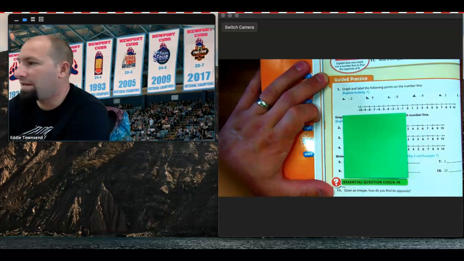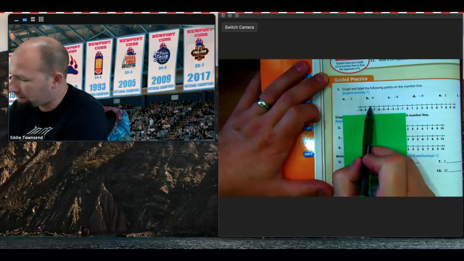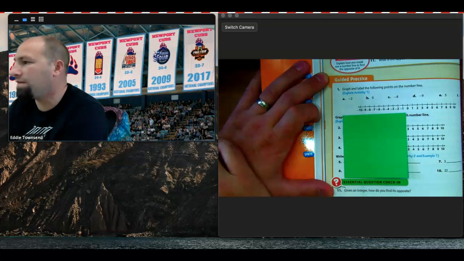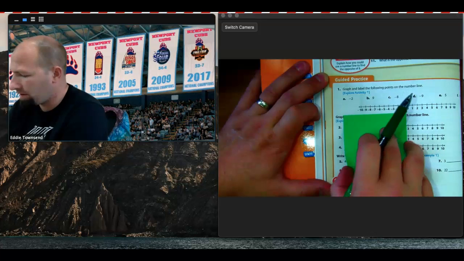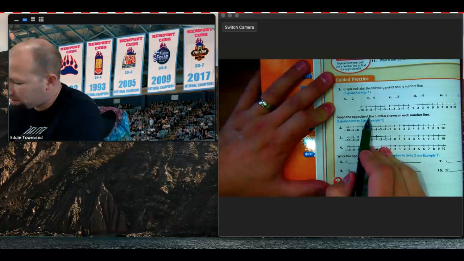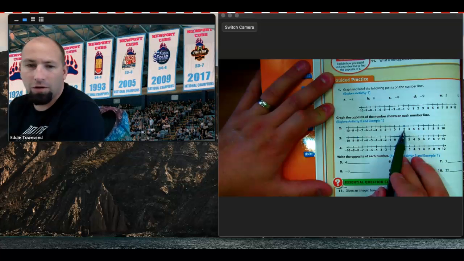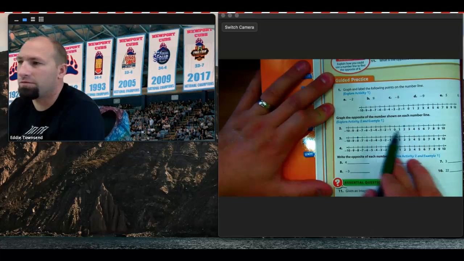-8 is C. So I'm going to go back to -8, and I would put C right there. Okay? So you do those. Graph the opposite of the number shown on each number line. So if I have 2 here, what's the opposite of positive 2?